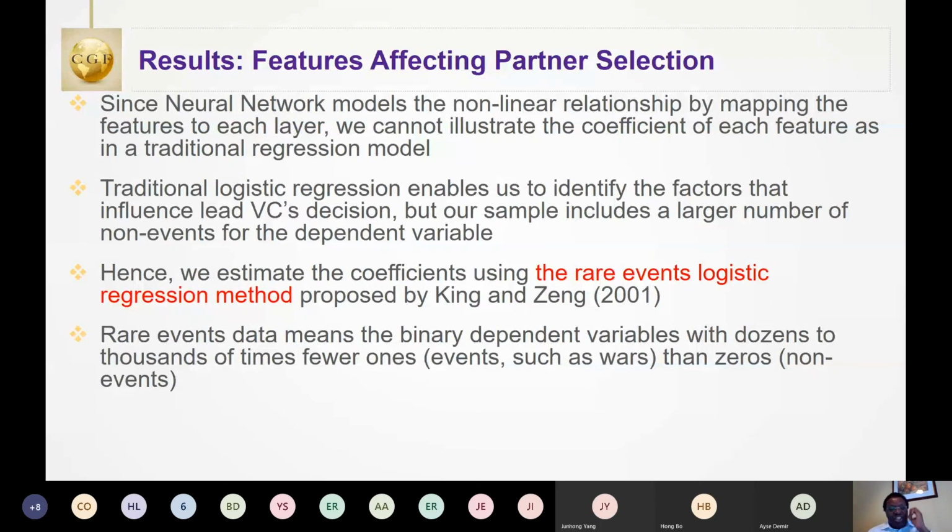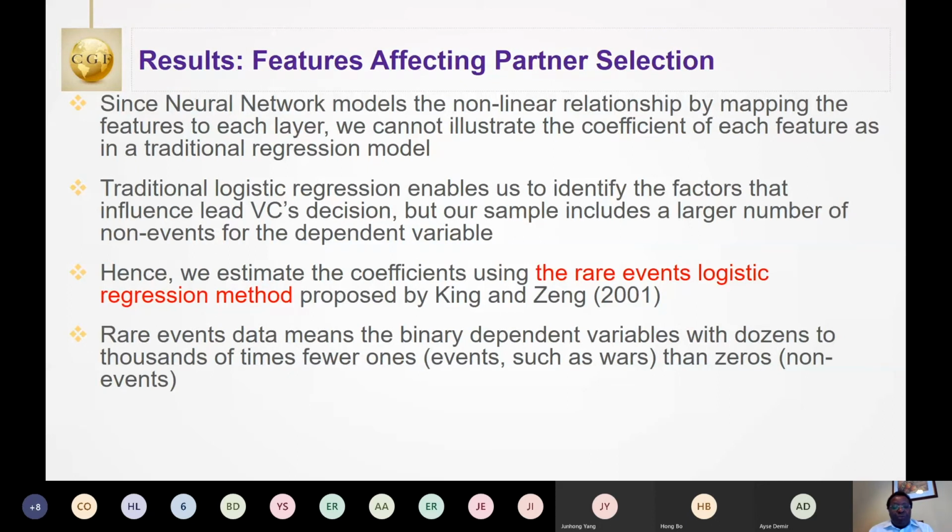It does not generate the coefficients of each feature considered in the VCNet, as would be generated by a traditional regression model. Because the traditional logistic regression would give us the factors and also include the coefficients. So we need to augment our ML model with some estimation technique.